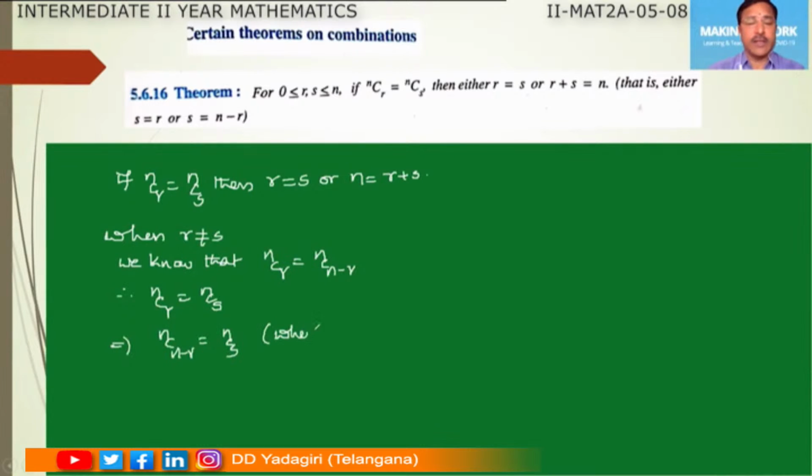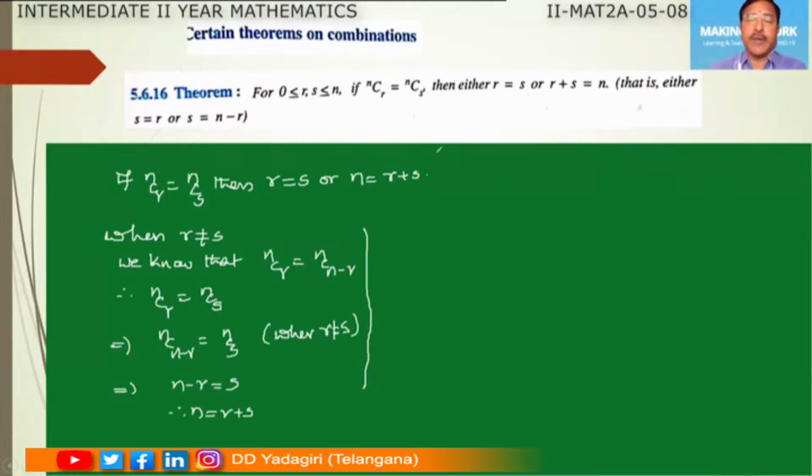This is when r is not equal to s. So here, definitely these two values will be equal. n minus r is equal to s, therefore n is equal to r plus s. So this is not actually the proof of this statement. This is a verification by using the concept of nCr is equal to nC(n minus r).